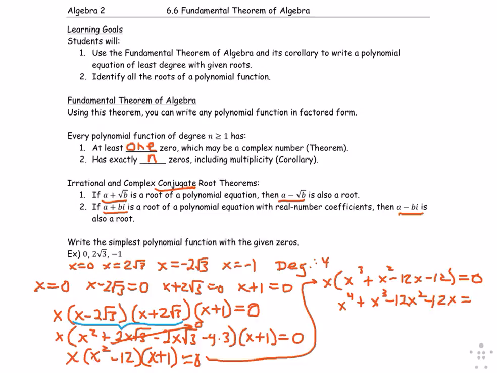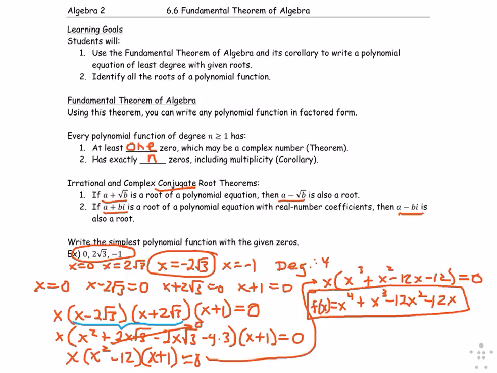And instead of equal to 0, I'll write it as a function, so I'll set that equal to f of x. And that is the polynomial with least degree that gives these roots, remembering that if you have an irrational, you have to infer that the other one is one of the roots of the polynomial function.